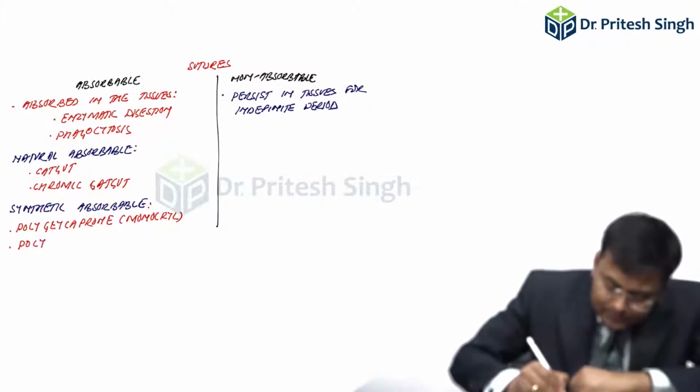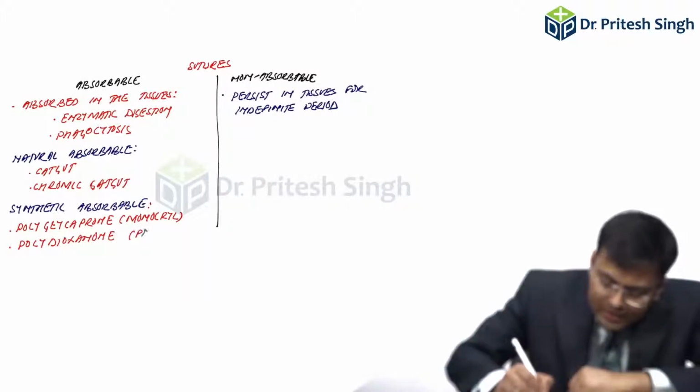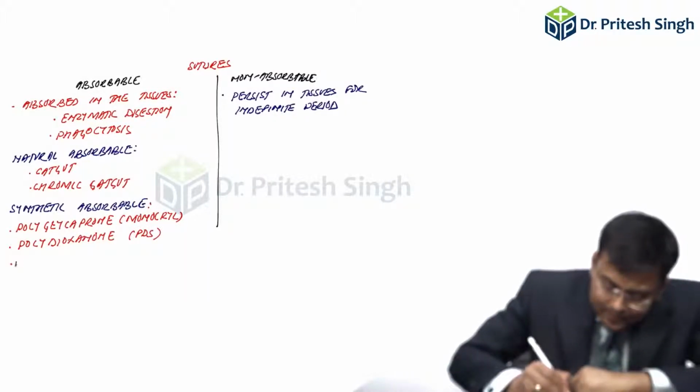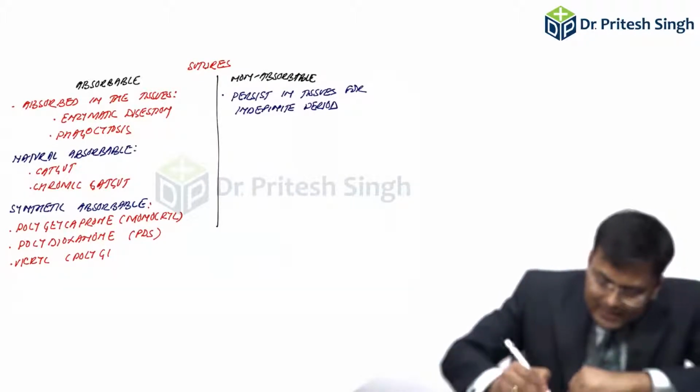Polydioxanone. Other name of polydioxanone is PDS. Vicryl. What's the other name? It's also known as polyglactin.